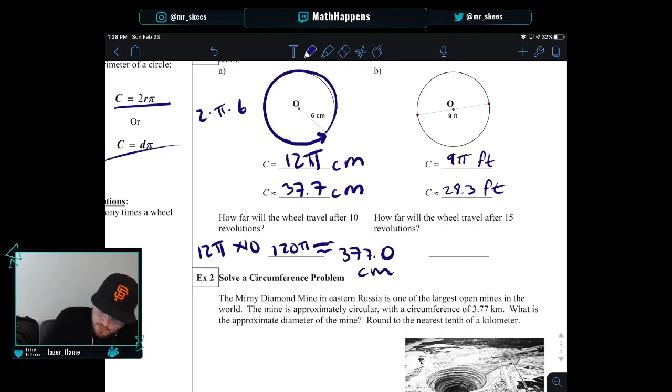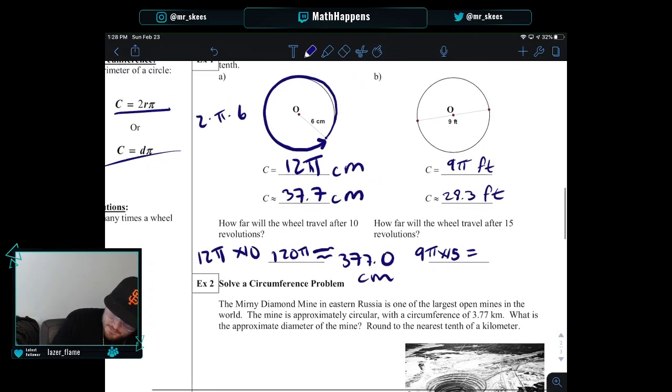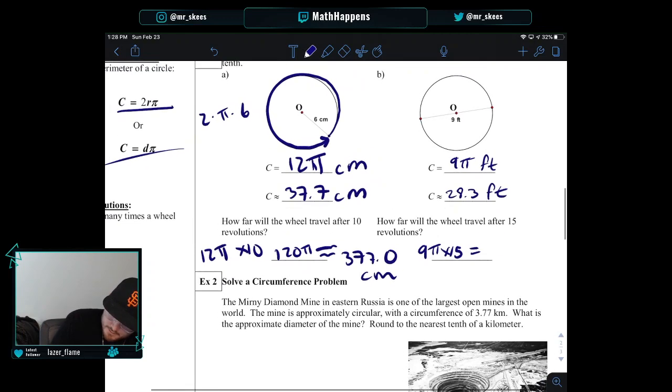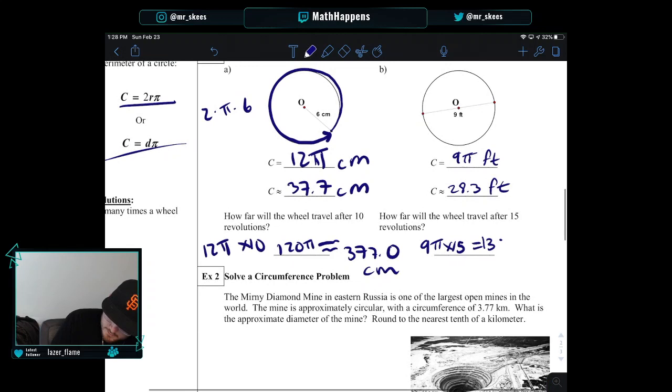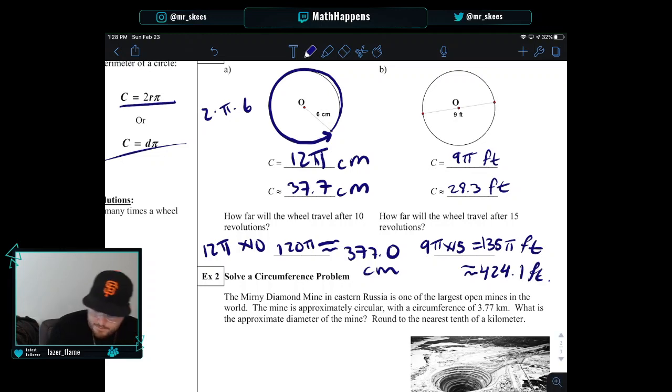And 15 revolutions of this, 9 pi times 15. 9 times 15 is 135 pi, which is approximately 424.1 feet.